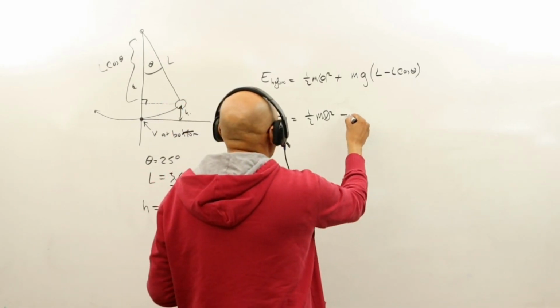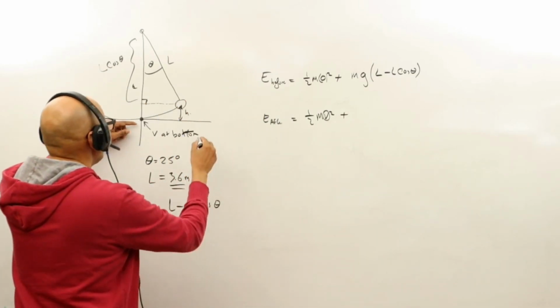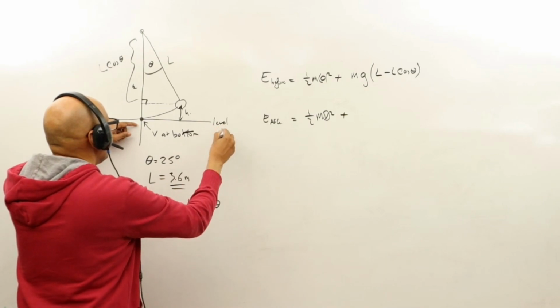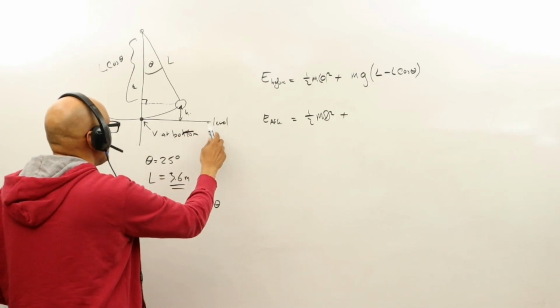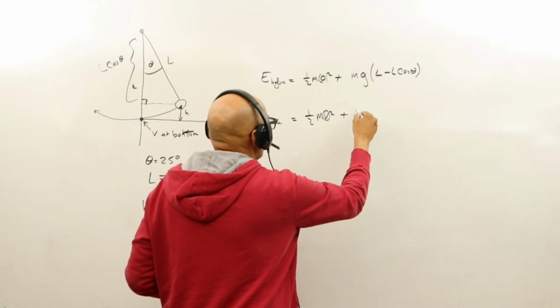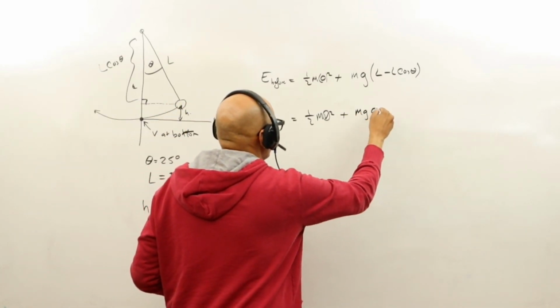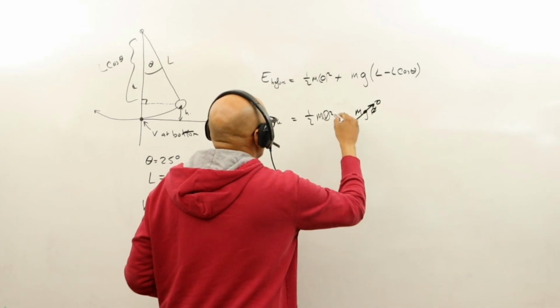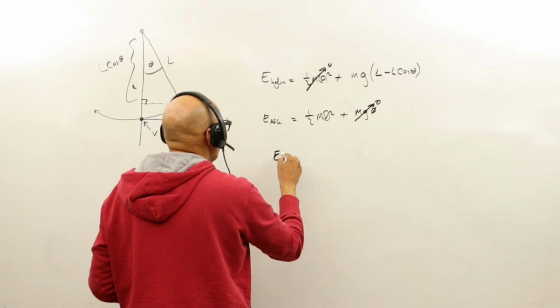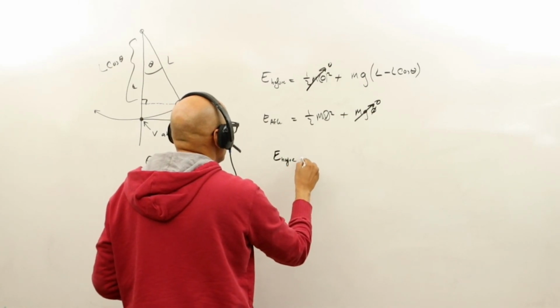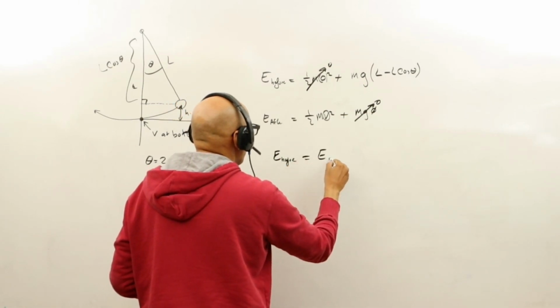It has no potential energy because at my reference level the height is basically 0. So this is mg times 0, so this whole term is 0. And so we just have to say that the energy before must be equal to the energy after.